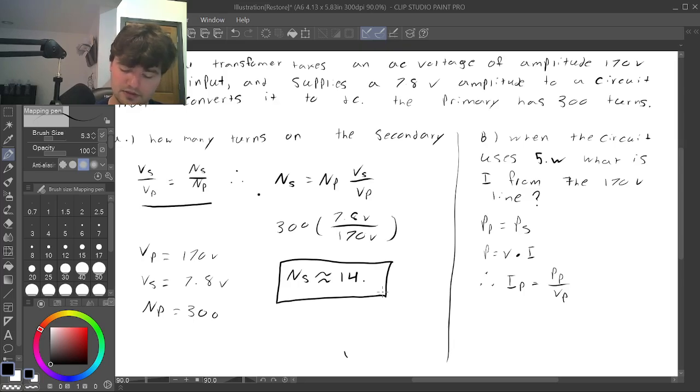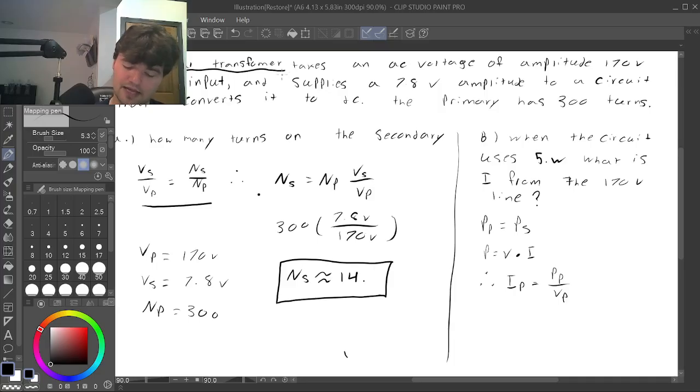When the circuit uses 5 watts, what is I, or the amplitude, from the 170 volt line? We can find the amps using, so in an ideal transformer, which it says right here, power is conserved.